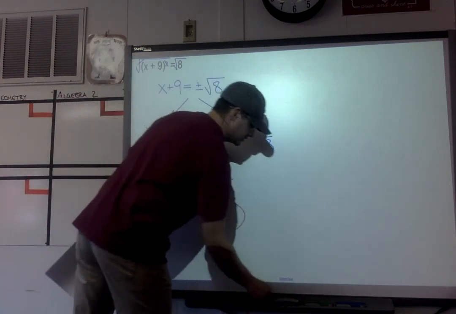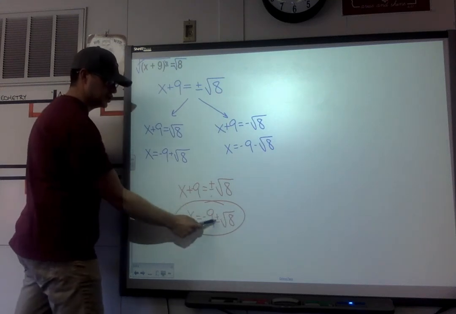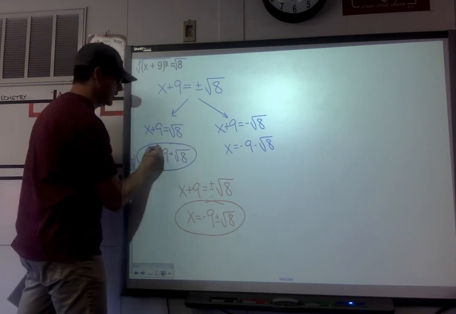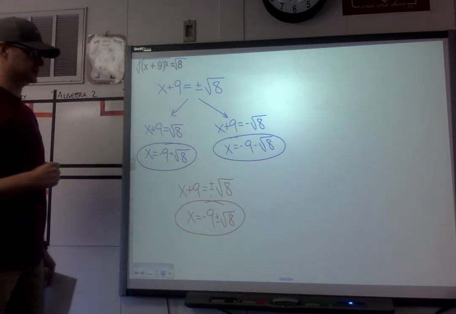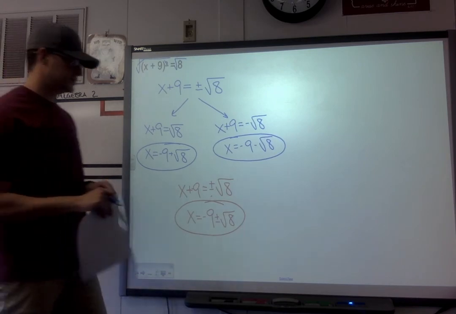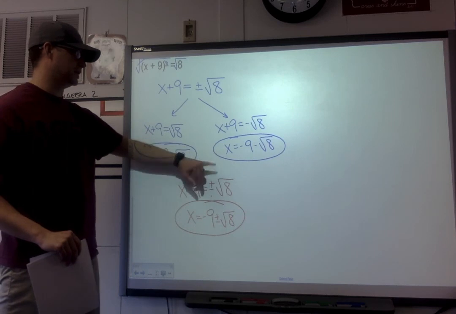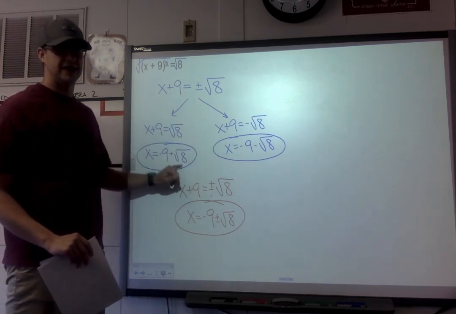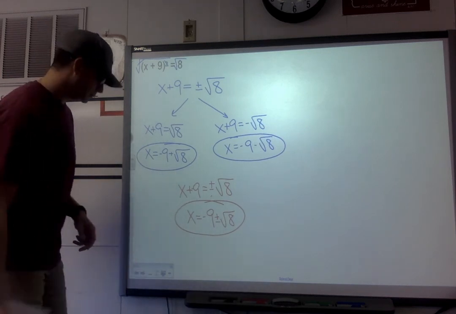So I could give my solution as one solution that contains two answers because we have plus and minus, or I could break it up into my two separate solutions. Up to you guys, but remember, if you're solving using the square root property, if it's not a perfect square, go ahead and leave it as the square root so that we can get an exact answer there.